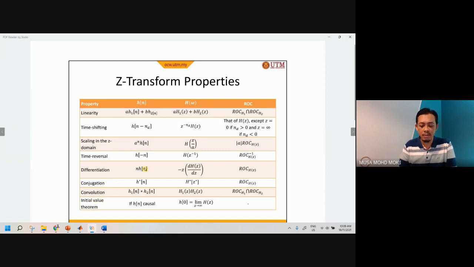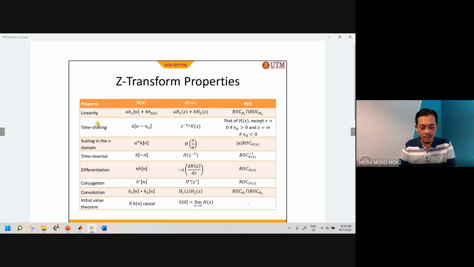We're going to use these properties so that we can do the forward or inverse Z transform easier, rather than using the original equation of the forward and inverse Z transform. So now we have 2 tables. One is the Z transform pair table, the one that we covered last Tuesday. And this is another one, the Z transform properties table.